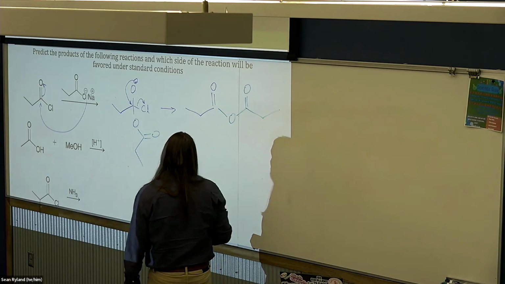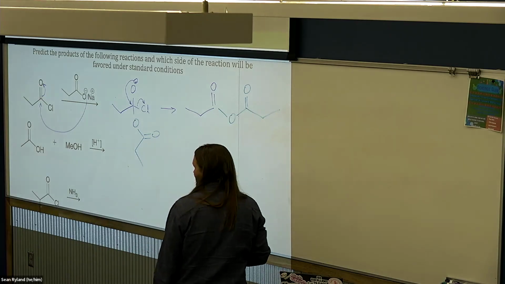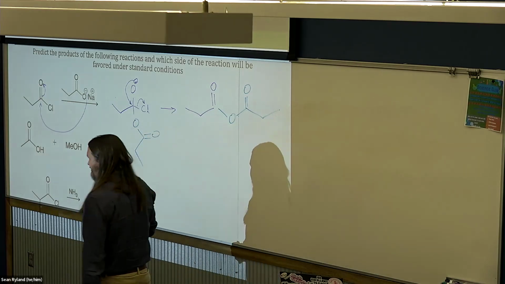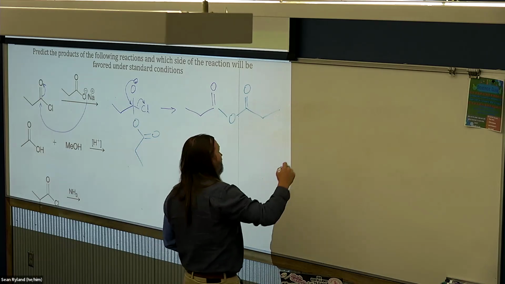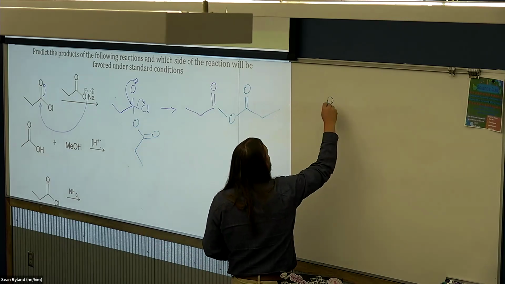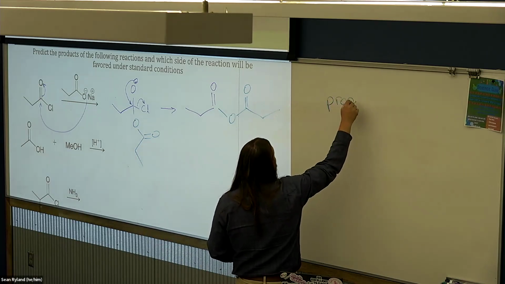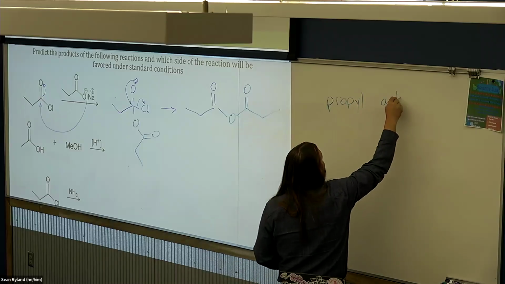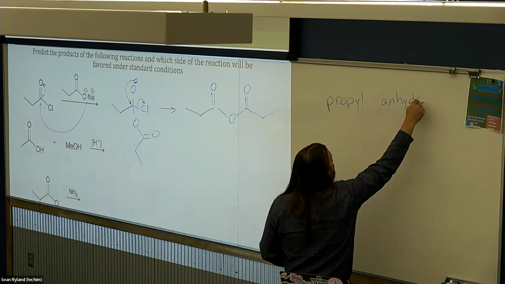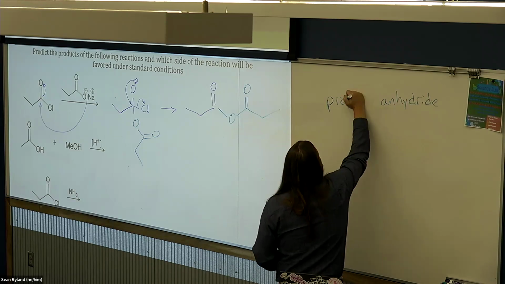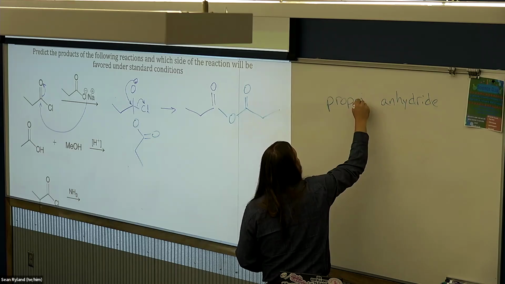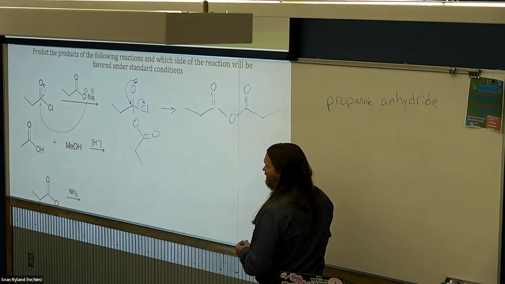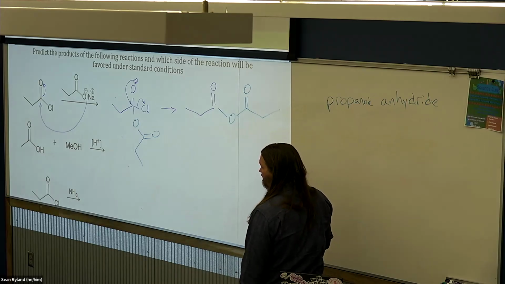Can we name it? Yes. We haven't done any practice with the anhydrides yet. We did one, but it's symmetrical, which makes things easier. And actually, I think we just leave the acid, and instead of saying acid, we just say anhydride.